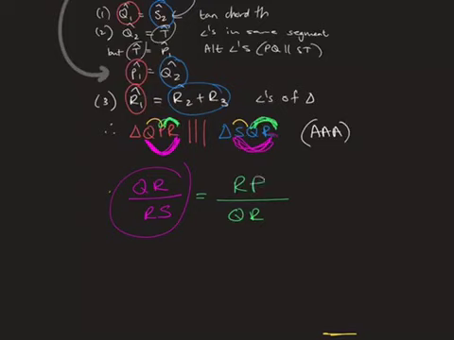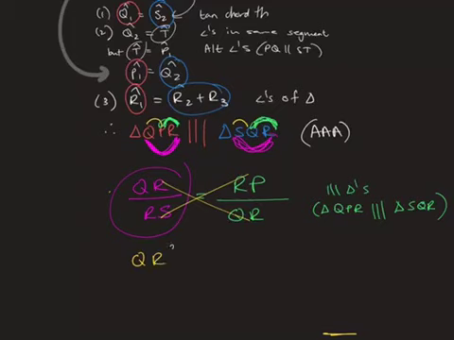Great. And the reason we're allowed to do this is we have similar triangles. Triangle QPR is similar to triangle SQR, as we've proved. So when we cross multiply these, we get QR squared equals RS times RP, which is what the question wanted.